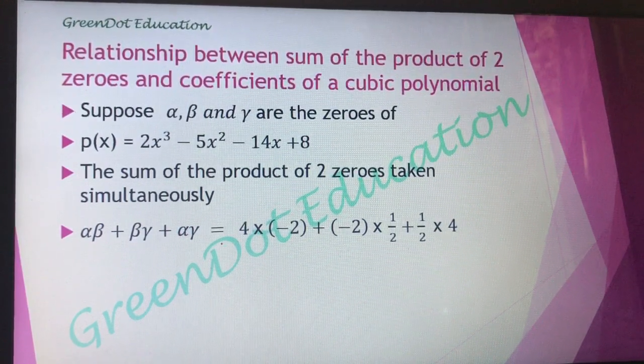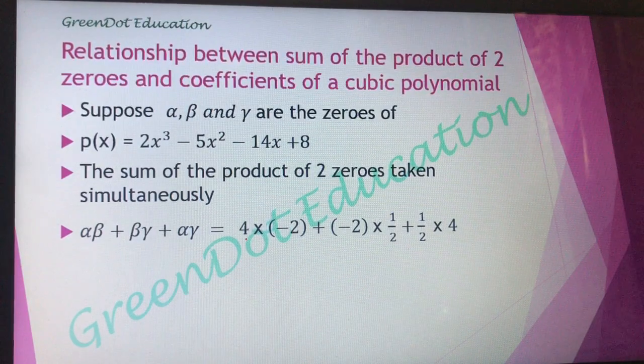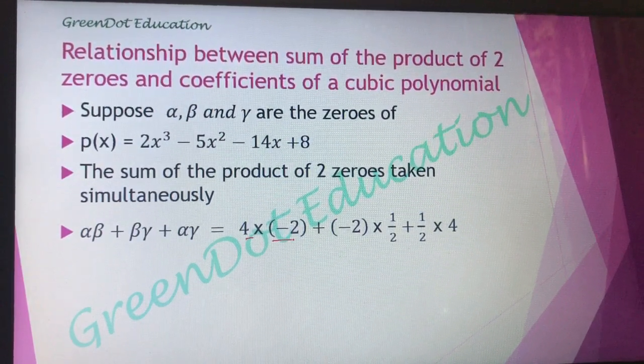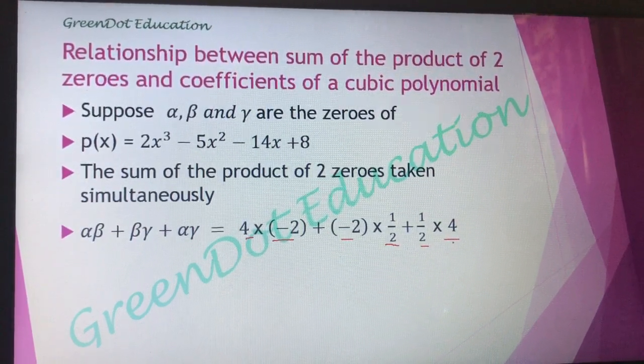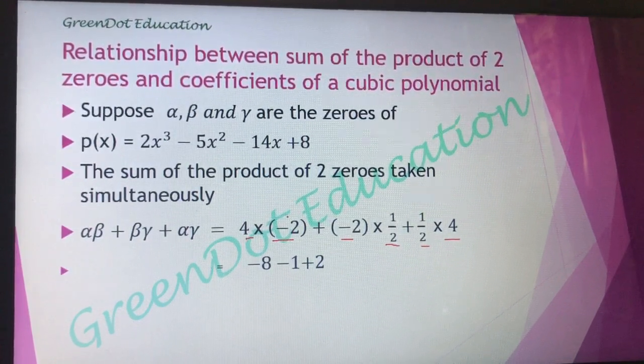So alpha is 4, beta is -2. In the second term we have beta multiplied by gamma, gamma is 1 upon 2, and in the last term we have gamma multiplied by alpha. Solving this, 4 multiplied by -2 gives us -8.